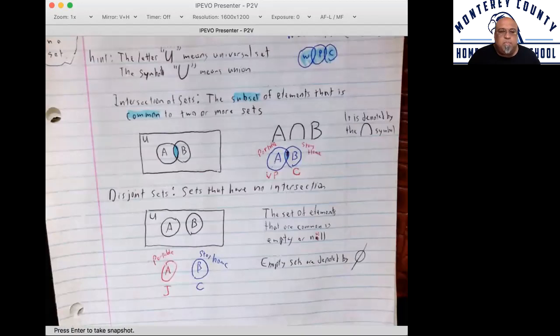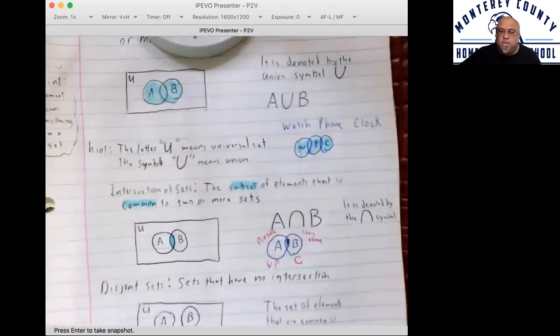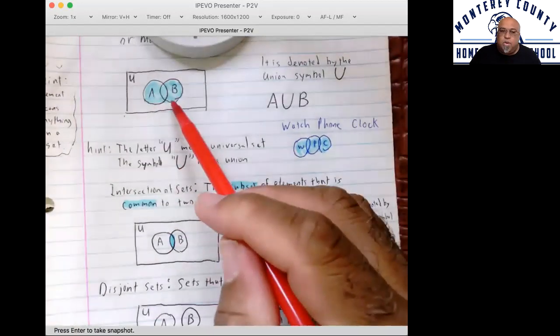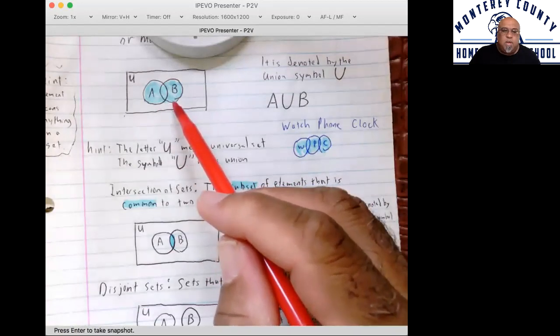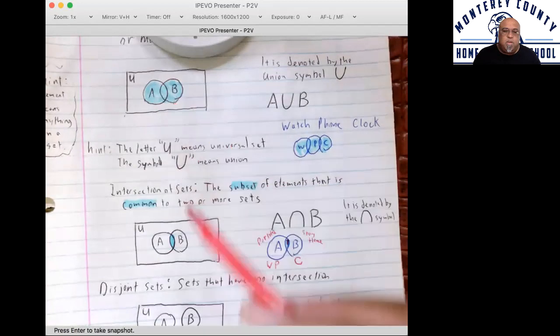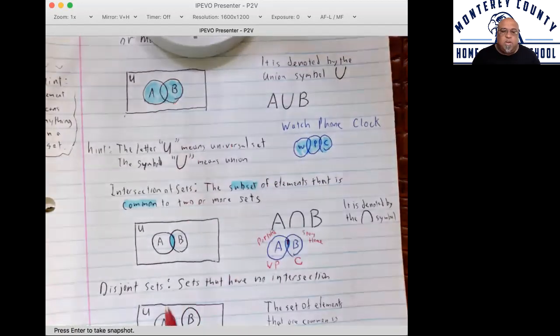Point is, there's three different definitions here I want to clarify with you, and that is union of sets, meaning when you take all the sets and combine them together. All elements in all sets are combined together. Doesn't matter if they're the same or different, because I'm counting them all. Then there is intersection, and that means the elements that exist in both sets.